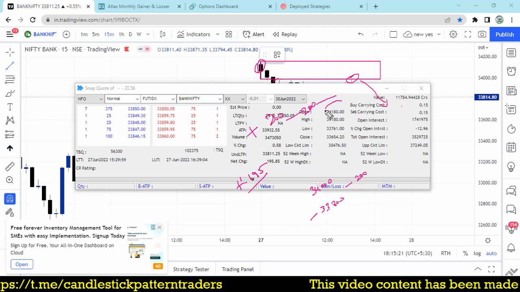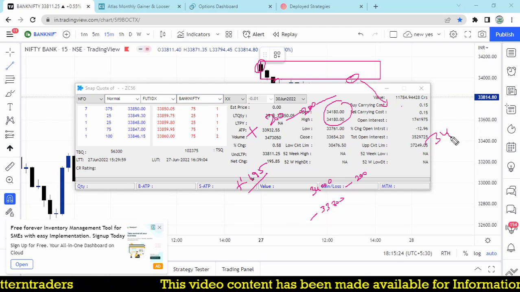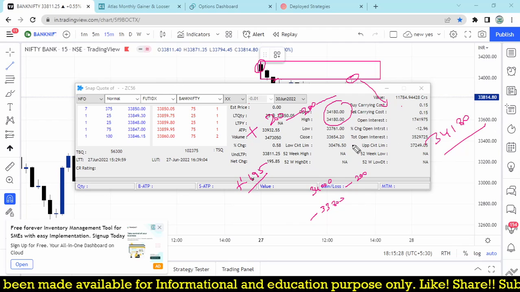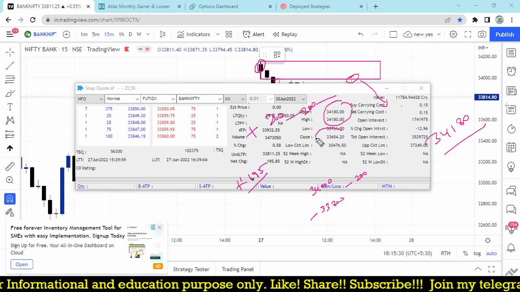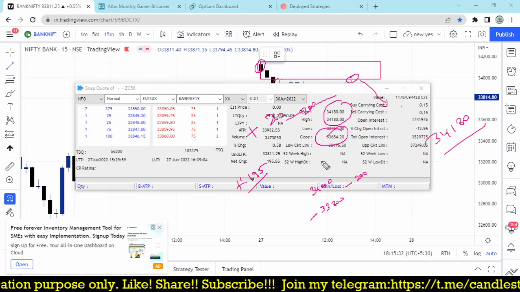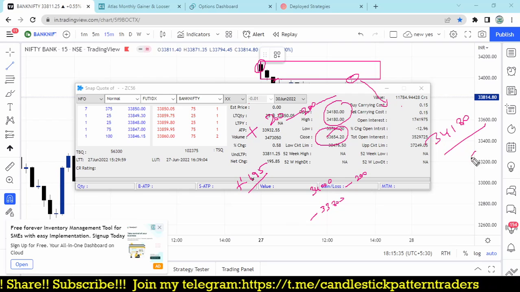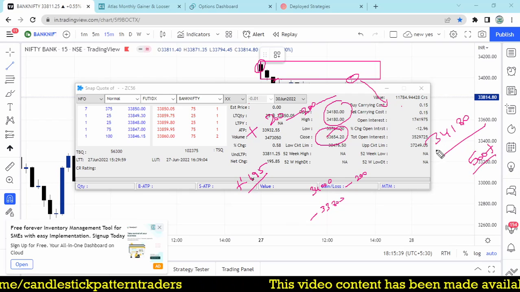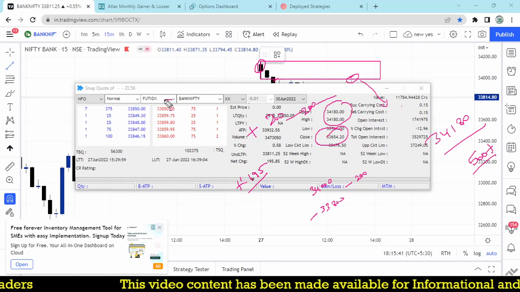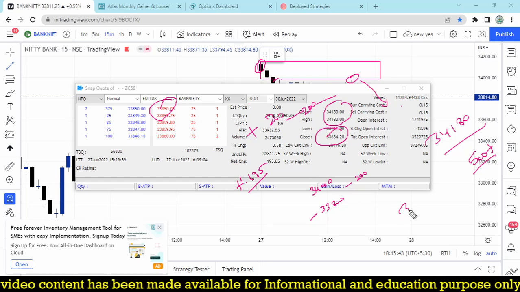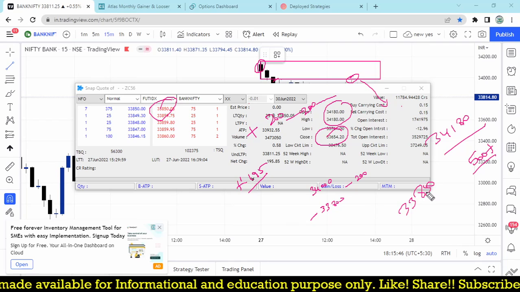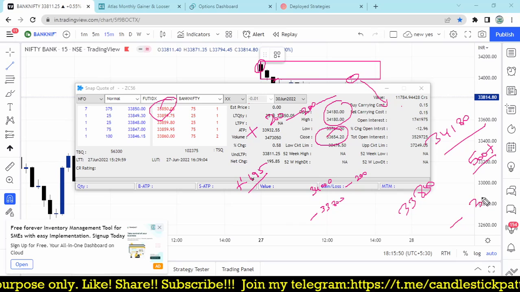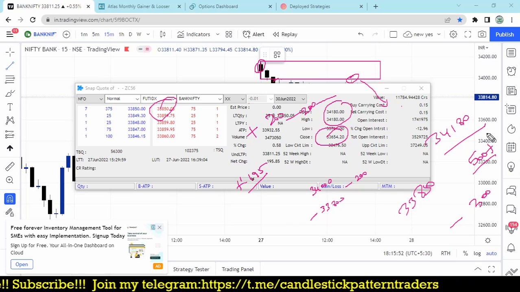It started at 34,180, and compared to the previous close, 644 is the previous close, almost more than 500 points positive in Bank Nifty by opening. But at the end of the day, Bank Nifty closed at 33,850. So 150 almost. The close compared to the opening is around 300 points down.